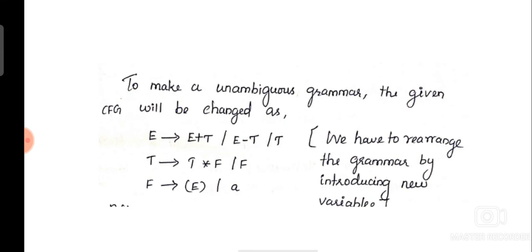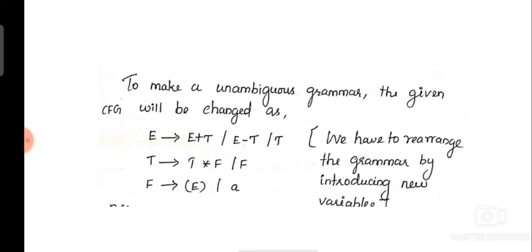Now we have to connect the previous non-terminal to the next non-terminal, like T tends to F. Now F tends to, finally on the right hand side, we have to apply the highest precedence operator, which is the bracket. So we put bracket E, capital letter E, and finally we apply our terminal symbol.